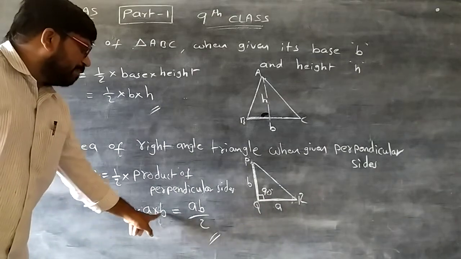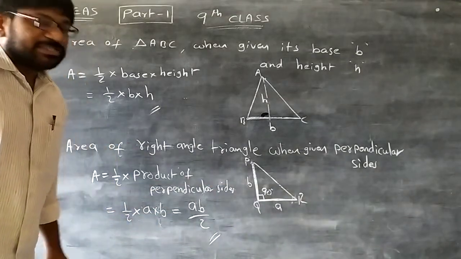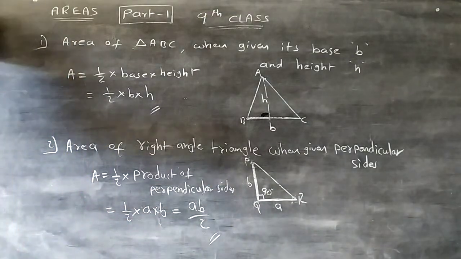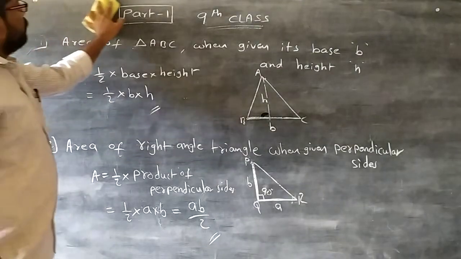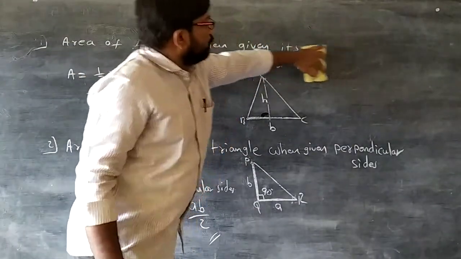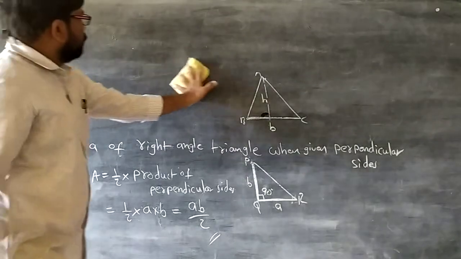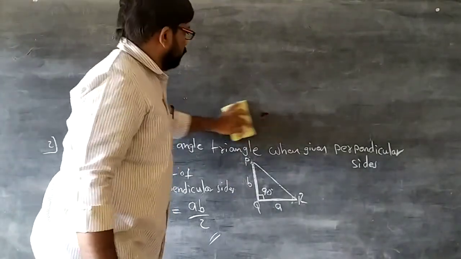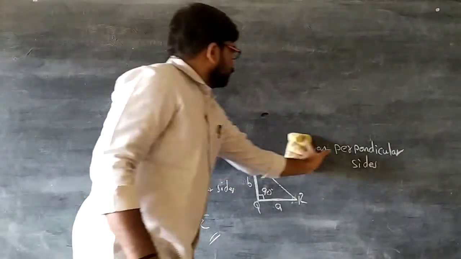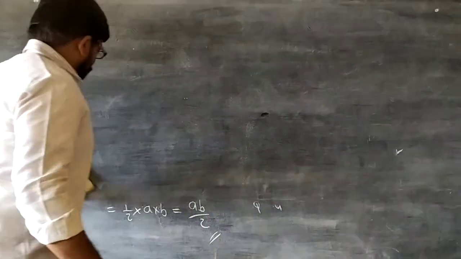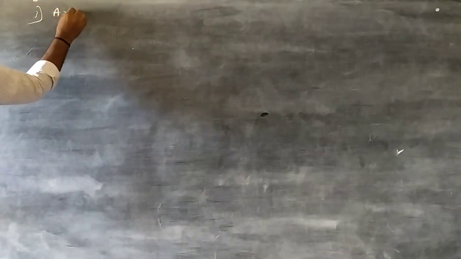So half into AB, where A and B are perpendicular sides.